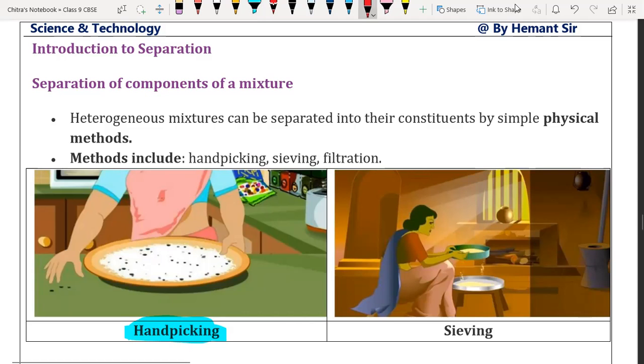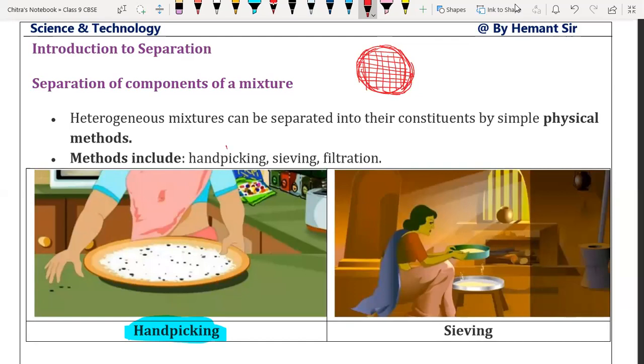In sieving, we use a tray designed with wire or small holes in it, so that the fine or small particles can be separated out from the grain. This is the method by which we can separate small stone particles or different seeds from grains, for heterogeneous mixtures.